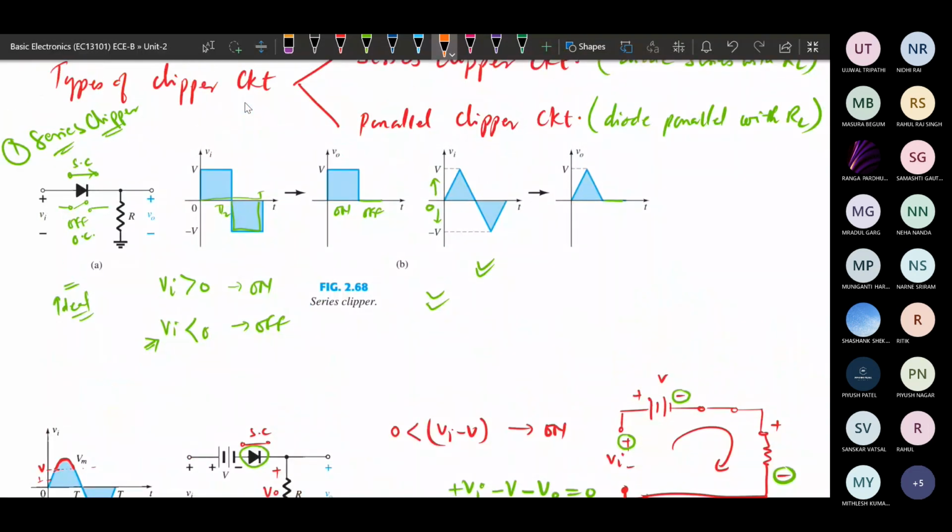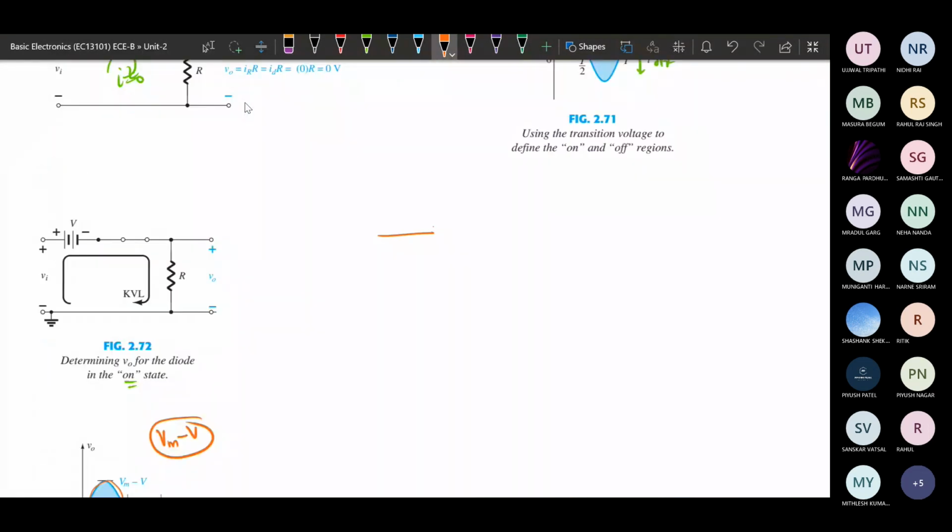Another case is where we change the direction of the supply. Suppose this is the input: this is 5 volt, and this is the V input that we are applying, which is 15 volt.